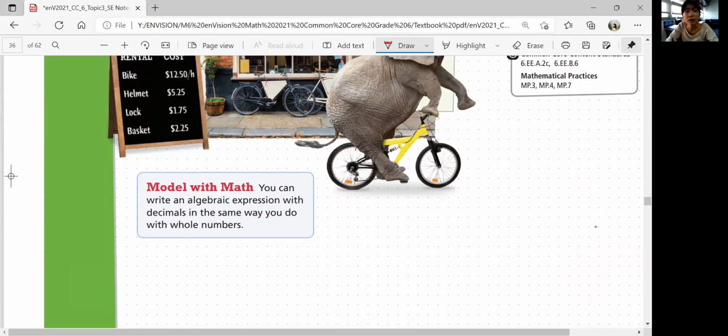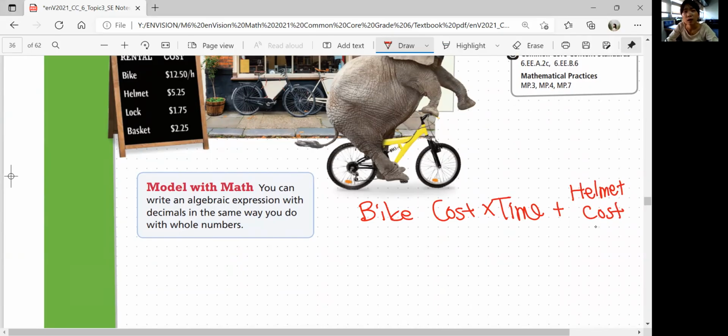You can write an algebraic expression with decimals in the same way you do with whole numbers. So we're going to think about bike cost times how much time we rode, and then plus the helmet cost.